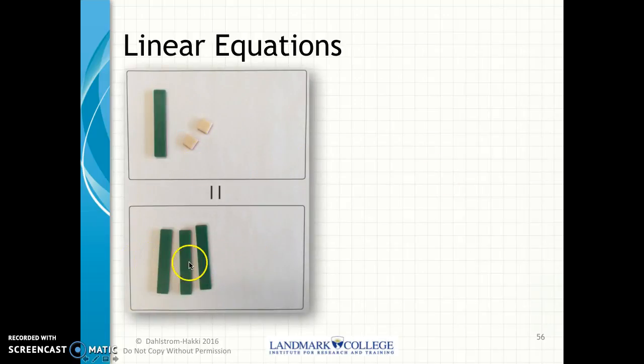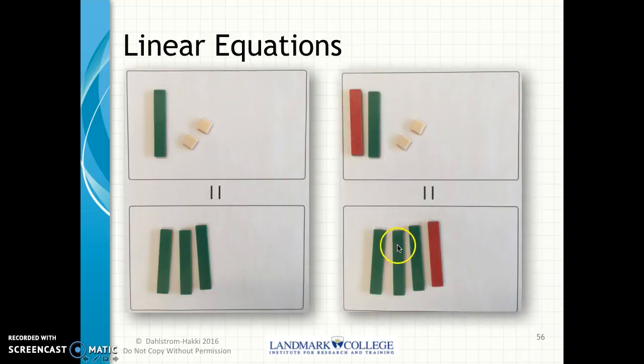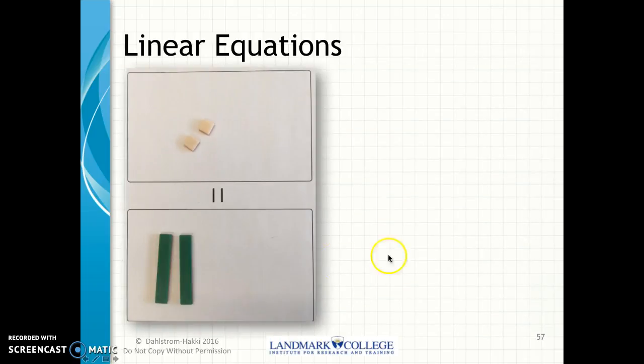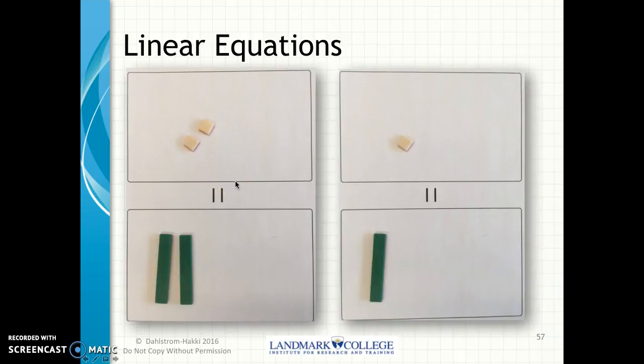So now I have 3 x's on one side, x plus 2 on the other. I subtract x from both sides, and what I find is that I have 2 x's on one side, 2 tiles on the other, and clearly that means that x must be 1, because I split these equally, divide these equally between my remaining x's.